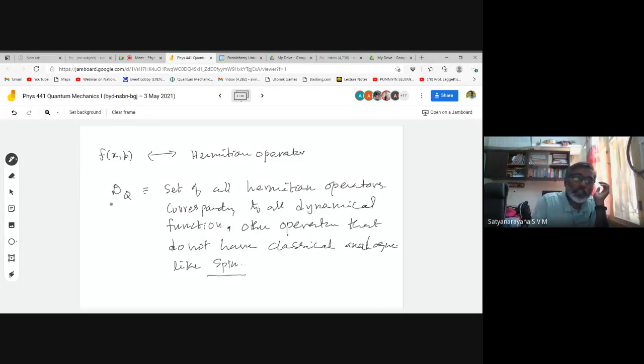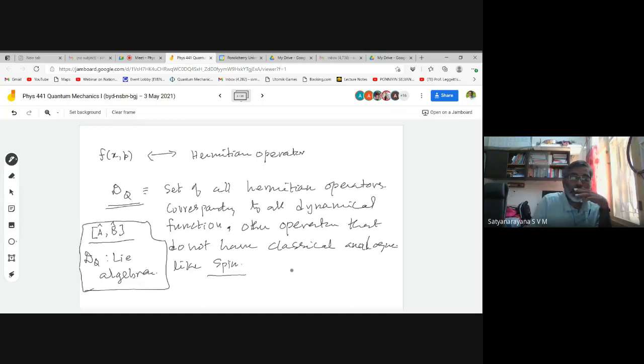So you have Dq, which is a much bigger set. Then here you can talk about a commutator between two operators, a comma b. Okay, so this is the bracket that we will use here, and this Dq also becomes a Lie algebra. So whatever is the role played by Poisson bracket in classical mechanics is played by a commutator.